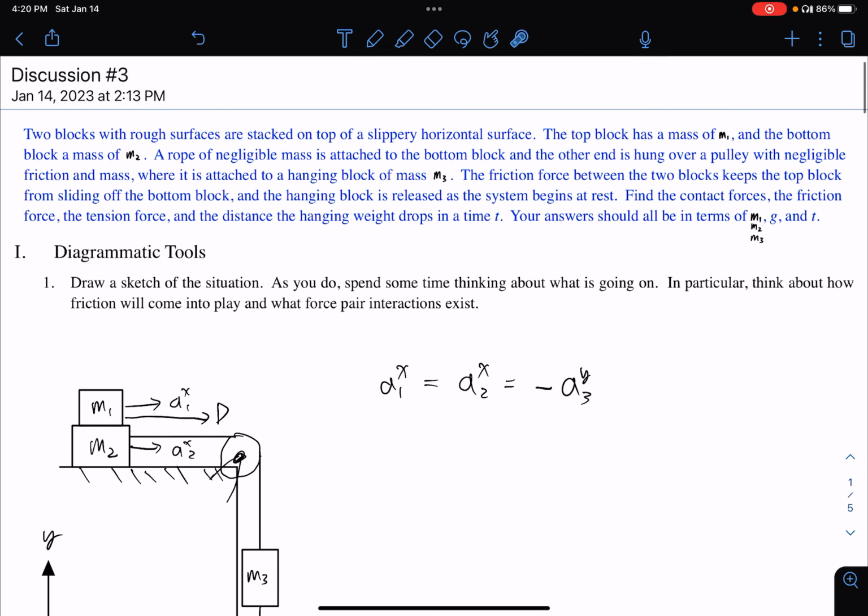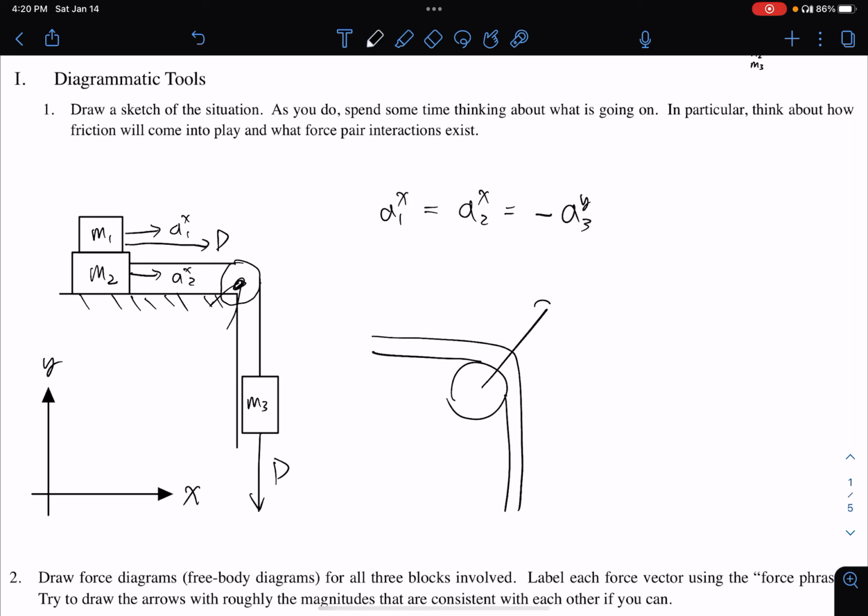And because the rope has negligible mass and the pulley has negligible friction, it means that the pulley will always give a normal force that is making a 45-degree angle over here.